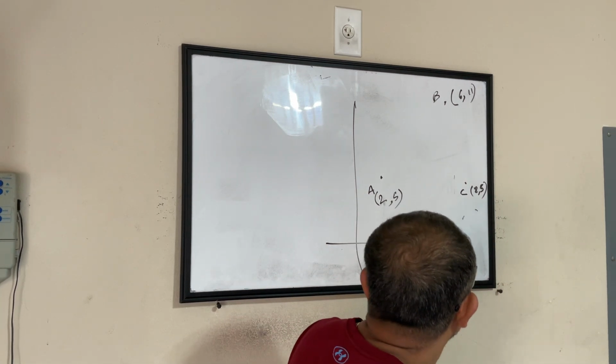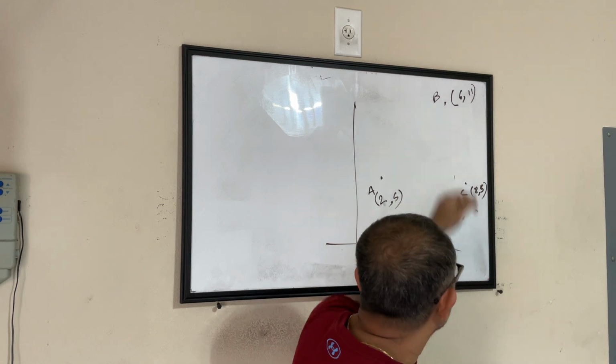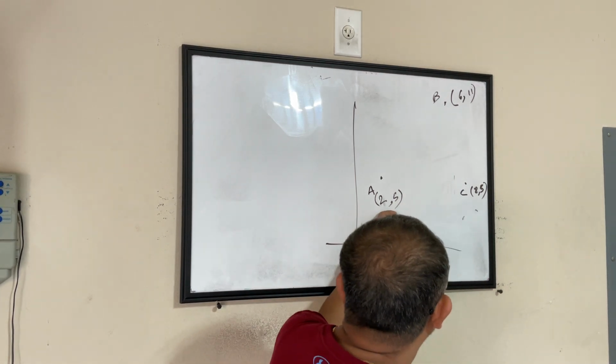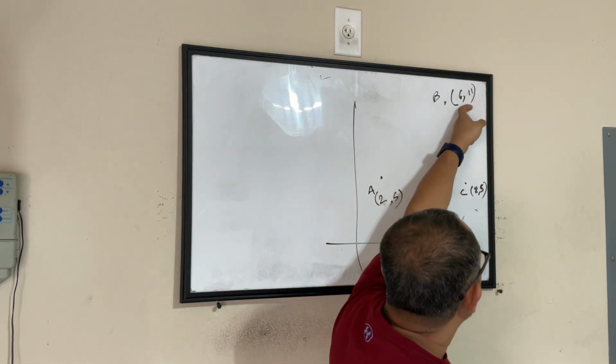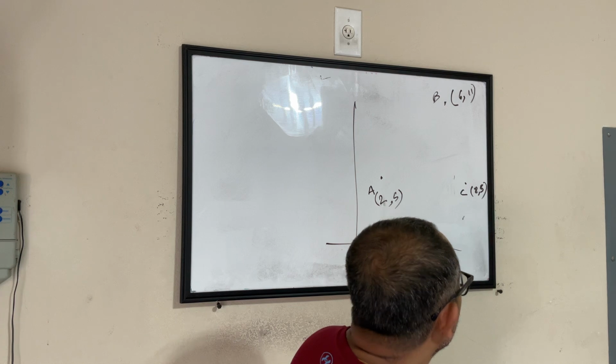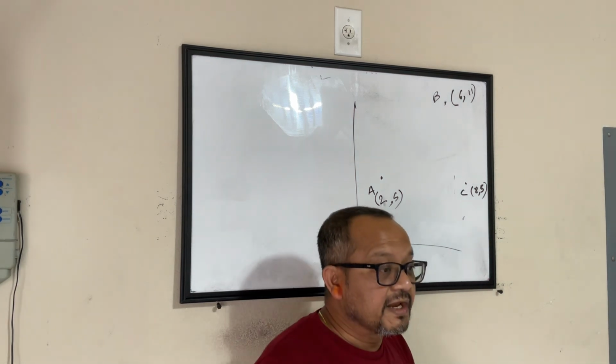I'm saying that 3 points A, B and C with the coordinates (2, 5), (6, 11), (8, 5). Find out the area of this triangle.